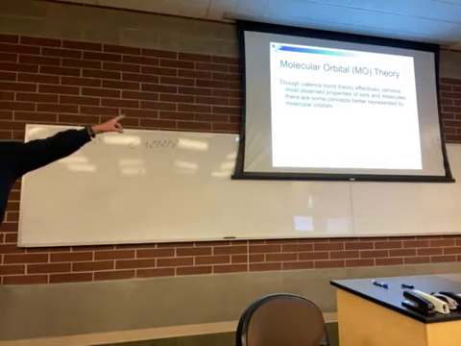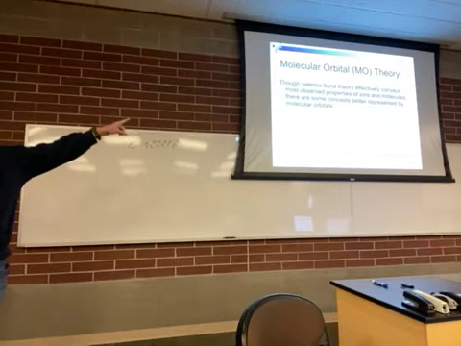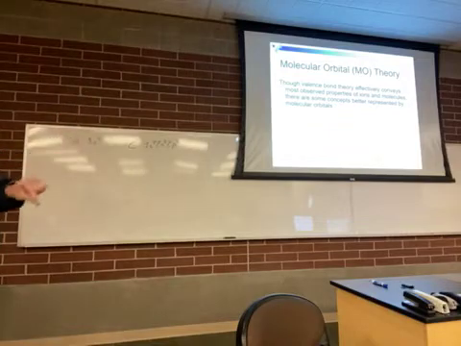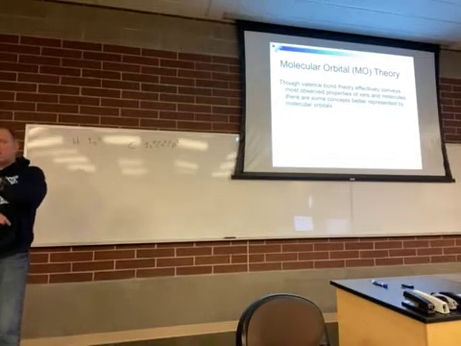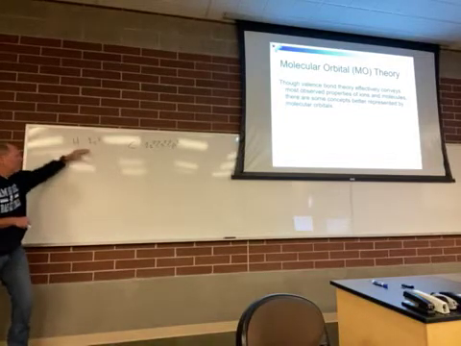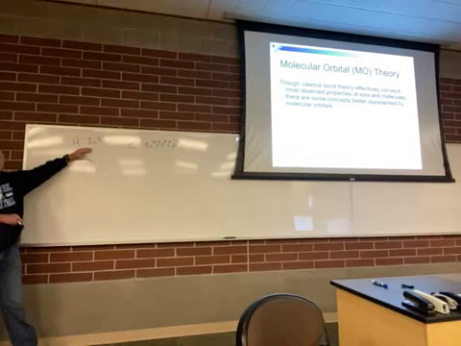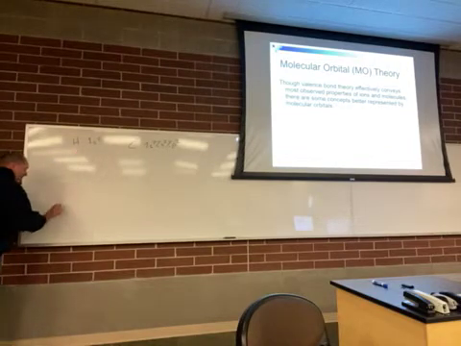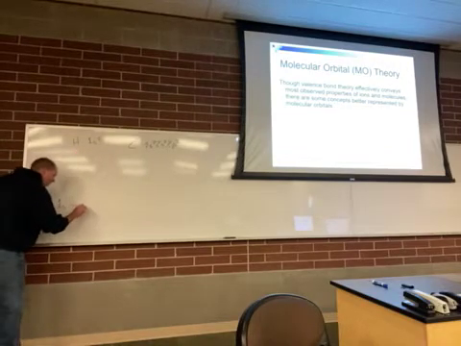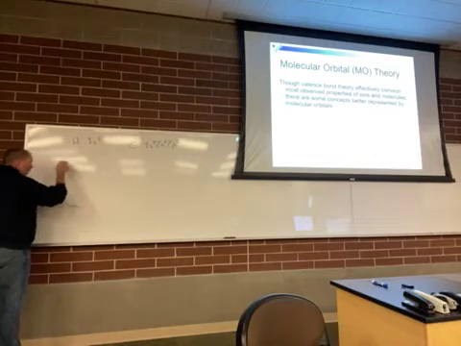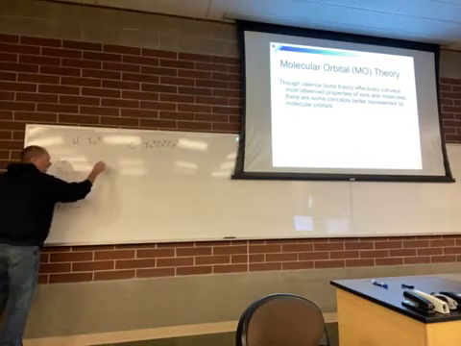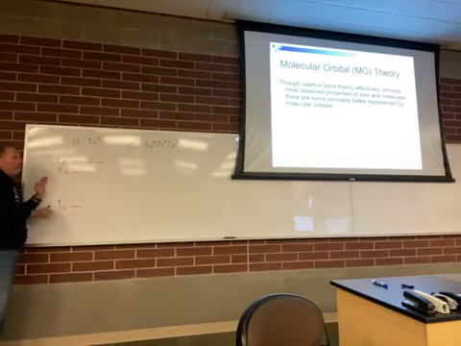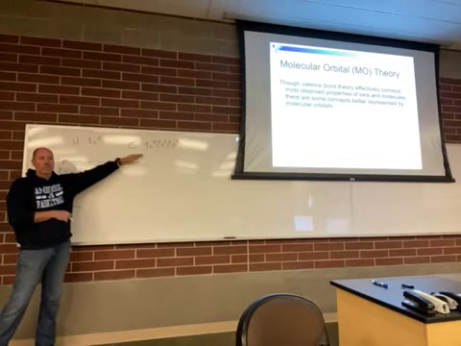What is this theory? Is it atomic bonding or is it molecular bonding? It's molecular orbital theory. This is atomic orbitals. So when we talked about the 1s, the 2s, the 2p, these are atomic orbitals.